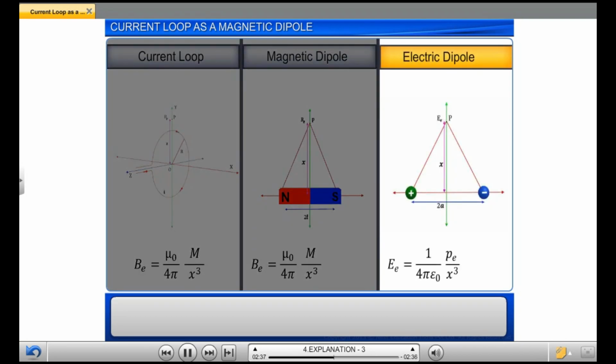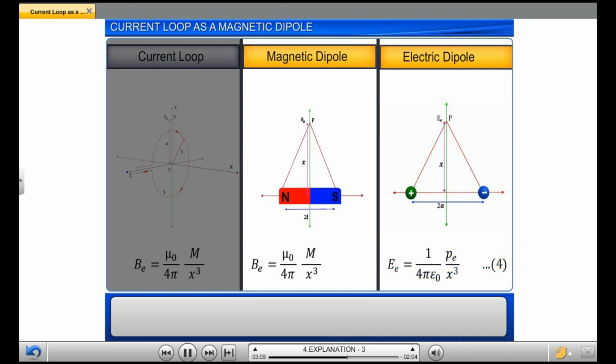We know that the electric field intensity on the equatorial line of an electric dipole at a point which is at a distance x from the center of the electric dipole, EE is equal to 1 by 4 pi epsilon naught into PE by x cube. Let this be equation 4. Here, the distance x of the point is much greater than half the length of the electric dipole.